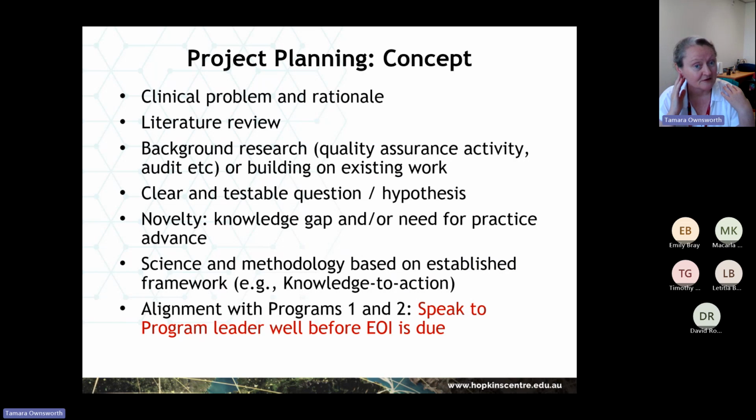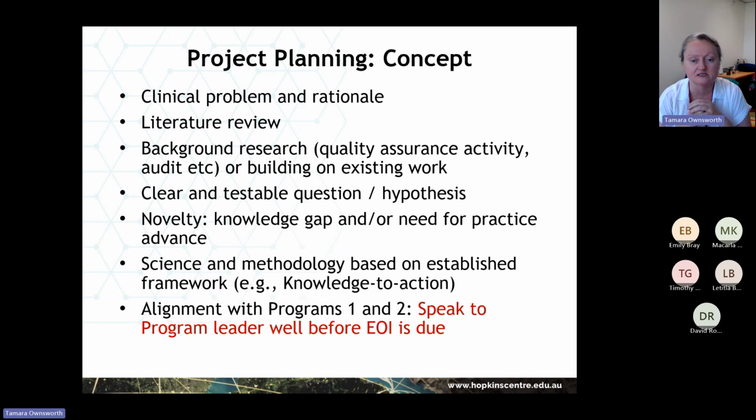Sometimes there is a fair amount of literature that is helpful, but it's not relevant to your setting. So you just need to be very clear on why this research needs to be conducted at this point in time. And it may be that you've done your own background research through your service. So you might have done some kind of quality assurance type activity or an audit that's providing that local context for the research. Or it may be the next logical step in an ongoing program of research that you have been part of with colleagues.